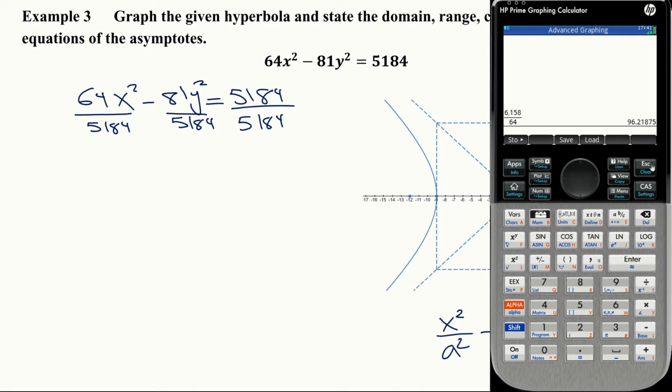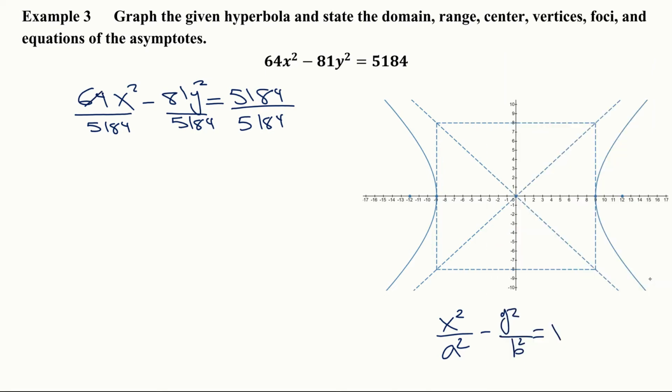Hold on. I don't know where I got that number, don't ask. 5184 divided by 64. That's better. So we know this will cross cancel and leave us 81, which of course means 81 goes into 5184 64 times.